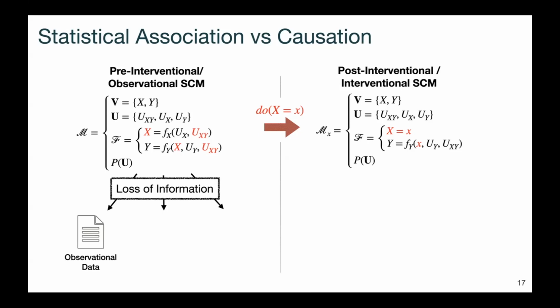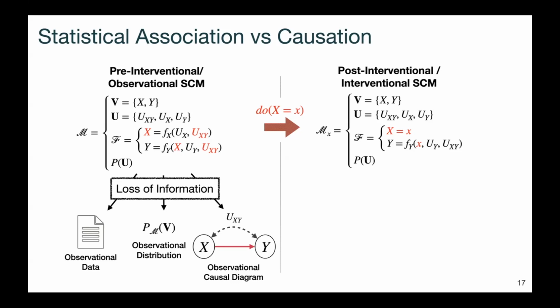Of course, there's loss of information, which is why we have the concept of Markov equivalence class. We have other objects, like the observational distribution itself, which could even be estimated given observational data. And we can have the causal diagram, which is more informative. You would need to use knowledge to understand the directions, like the example of the firefighters and the fire.